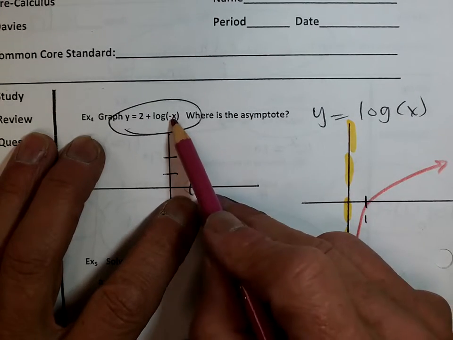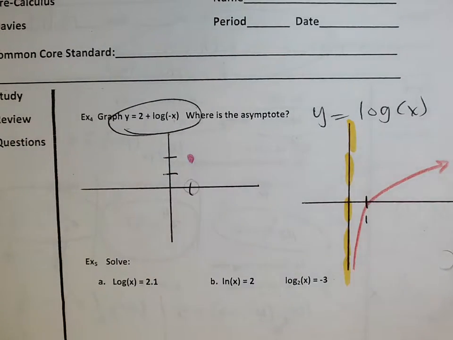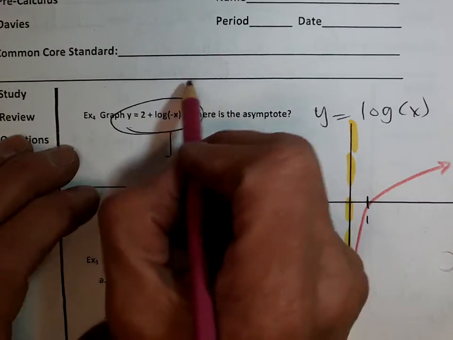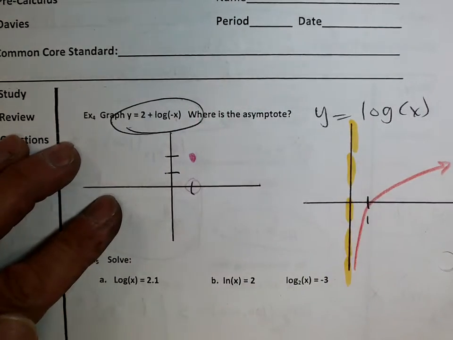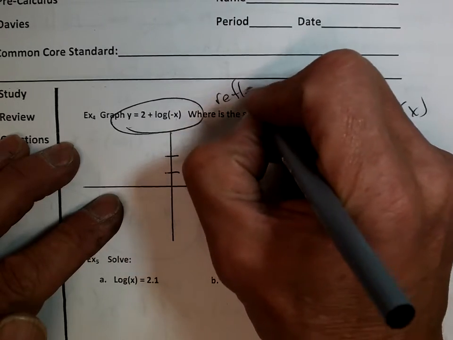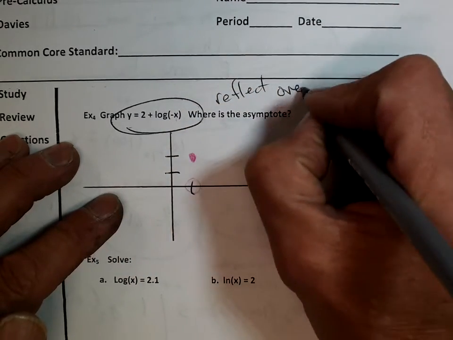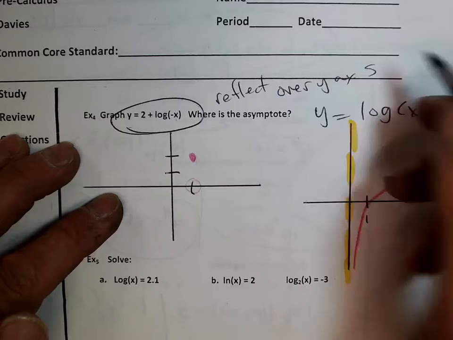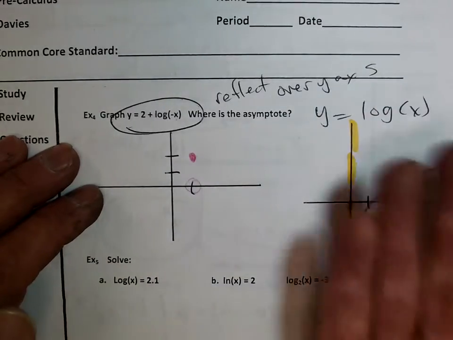And now if it's negative on the inside, it's going to spin it around the y-axis. So we're going to reflect over the y-axis, right? So this graph is now going to go like this.